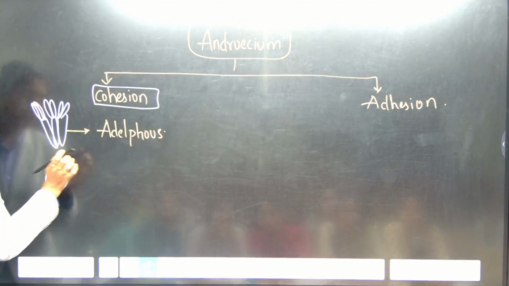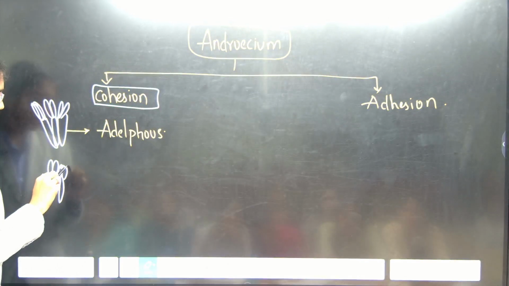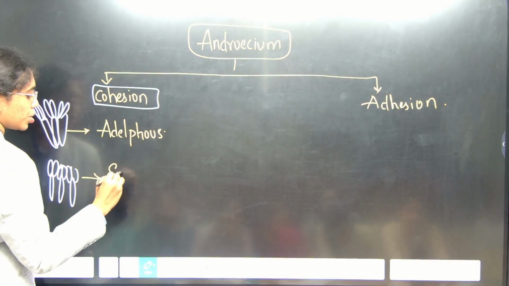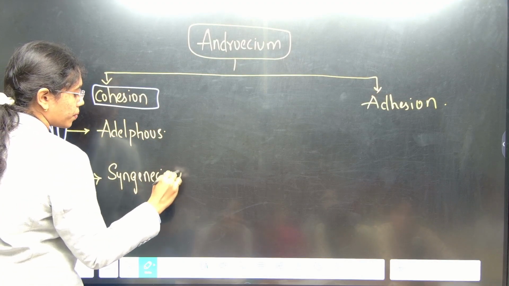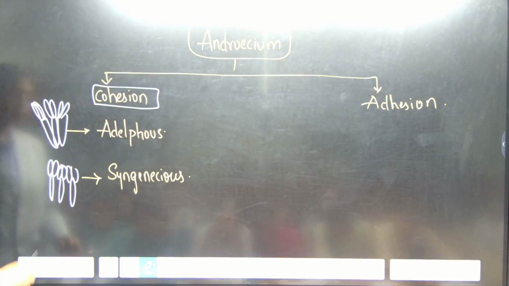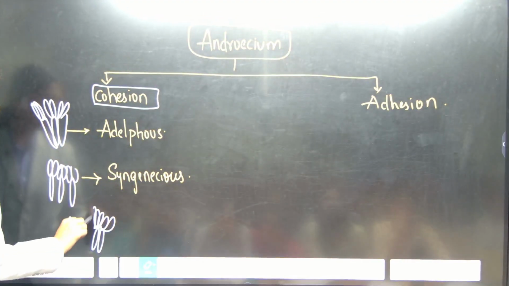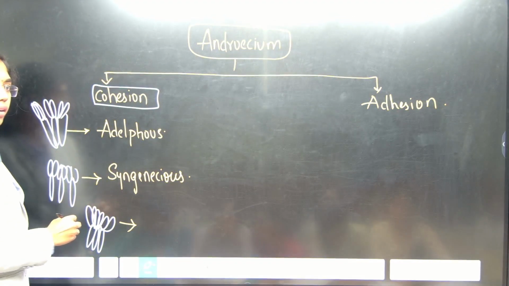If anther lobes are uniting and filaments are free, this is known as syngenesious. If both anther lobes and filaments are uniting with each other, this is observed in Cucurbitaceae members, it is known as synandry.